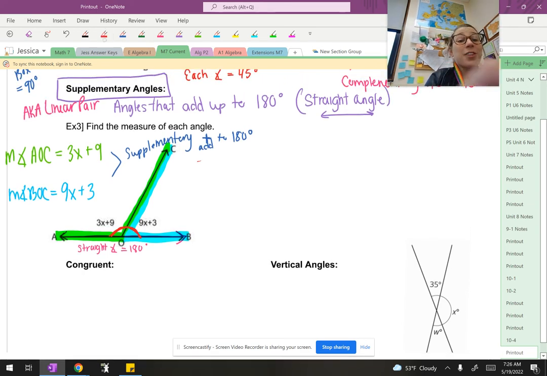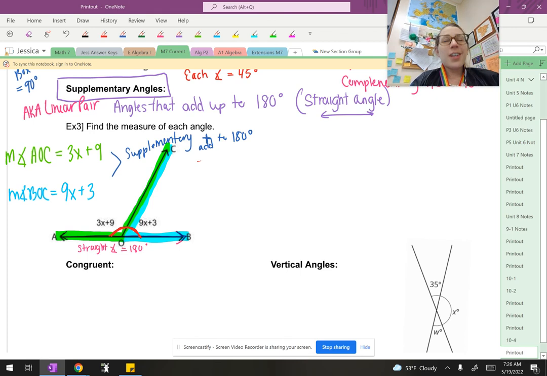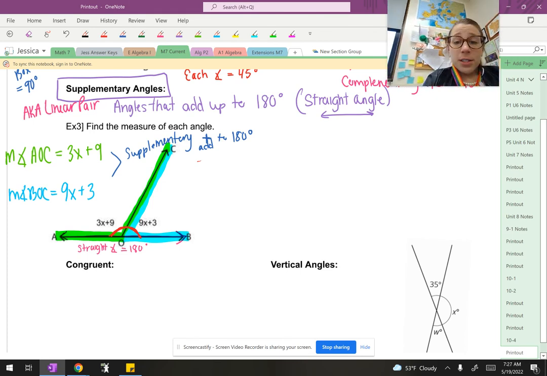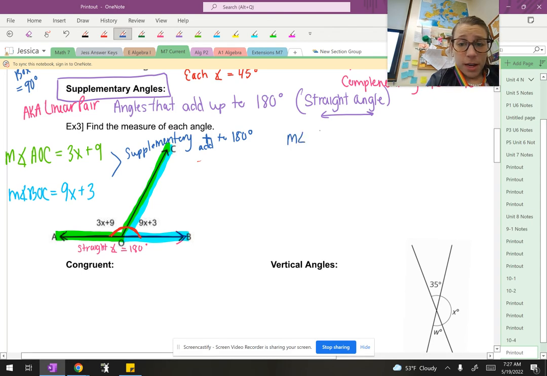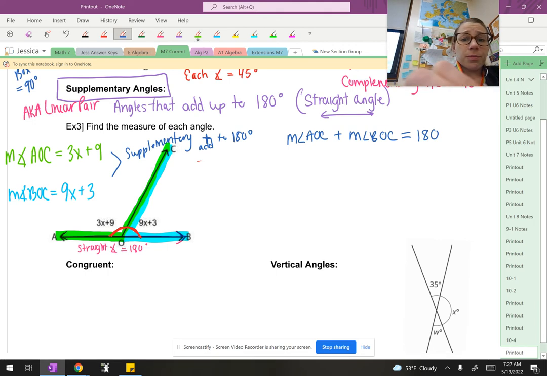So I can use that to create an equation, which is why we did some equation solving earlier in this unit, that the measure of angle AOC plus the measure of angle BOC is going to be equal to 180 degrees.